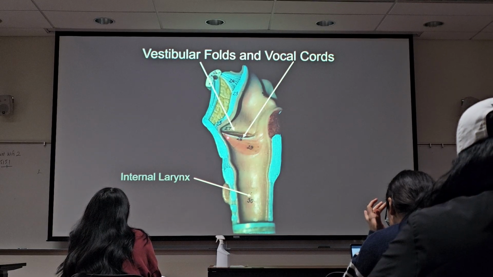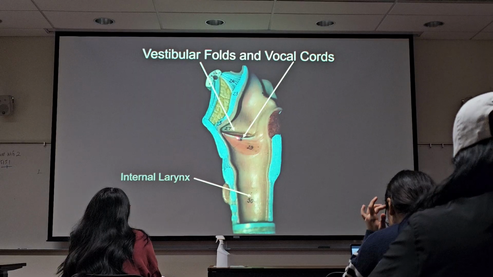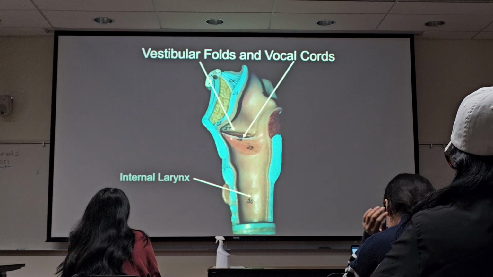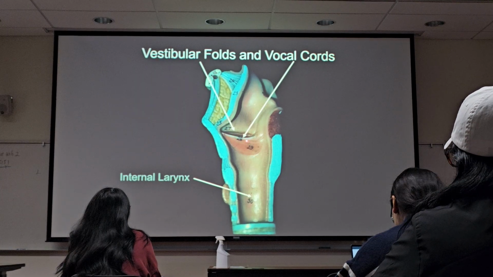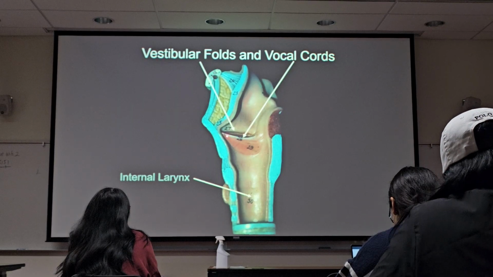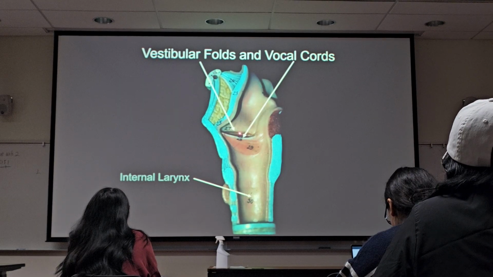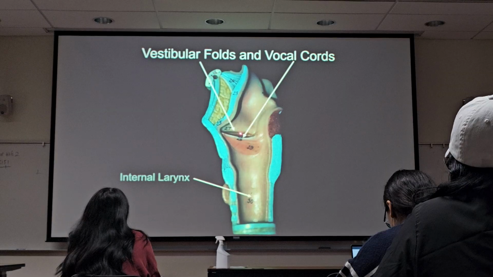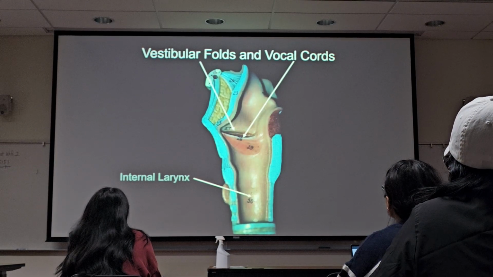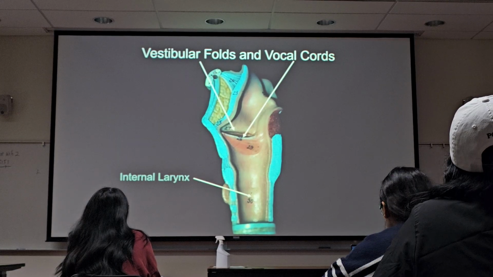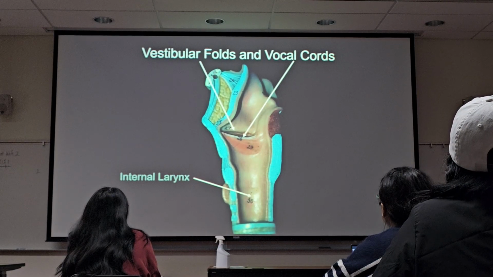Depicted here with a white stripe are what will be the true vocal cords, which are called the vocal folds. And then above them would be the vestibular folds. Those are the false vocal cords. They participate in opening and closing the glottis, the opening to the larynx.